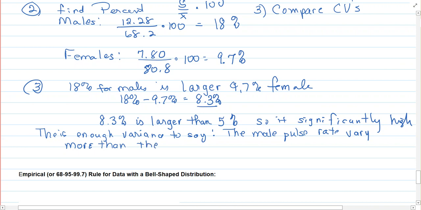Because significantly high and significantly low are the ones we're looking at.